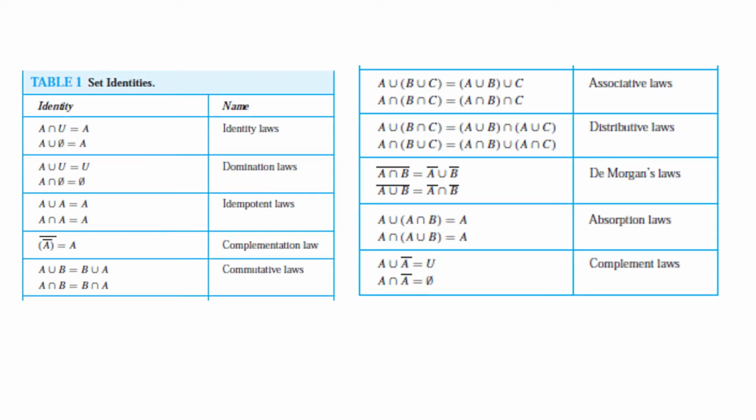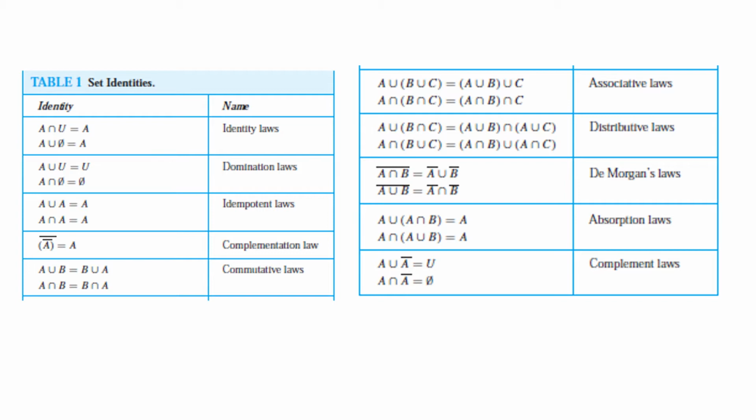So let's have set identities. This table lists the most important set identities. For example, the intersection of A and the universal set is the set A. And the union of set A and the empty set is set A. Those are the identity laws.